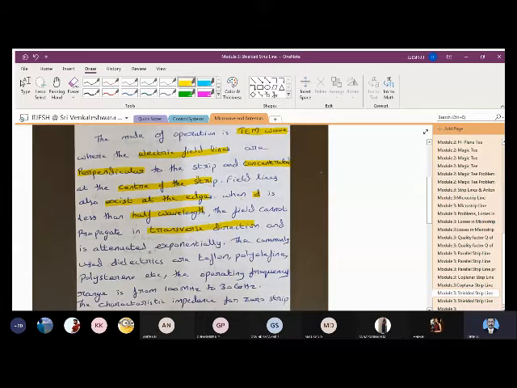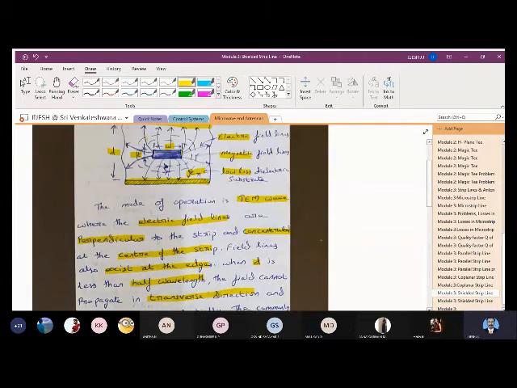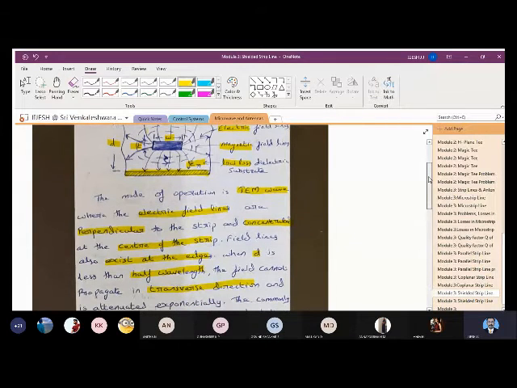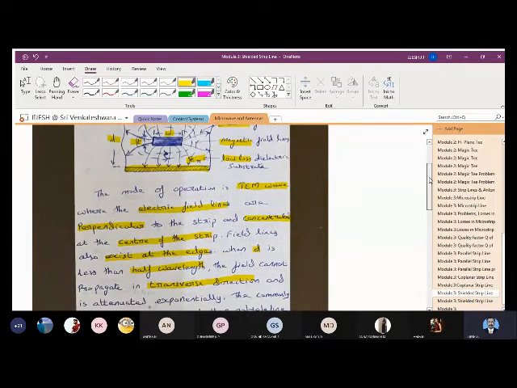Okay. So what you can see here is that the mode of operation is the transverse electric and magnetic mode, that is TEM wave, because the entire electric and magnetic fields are surrounded within the dielectric material itself. The electric field lines are perpendicular to the strips and concentrated at the center of the strips. That is why we call it a TEM wave.